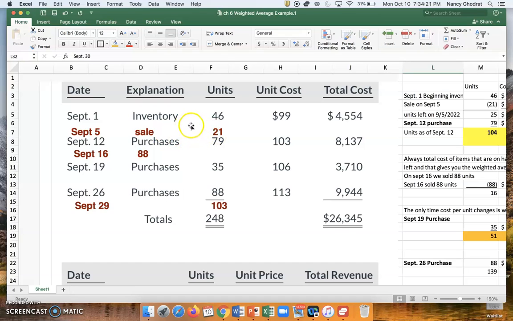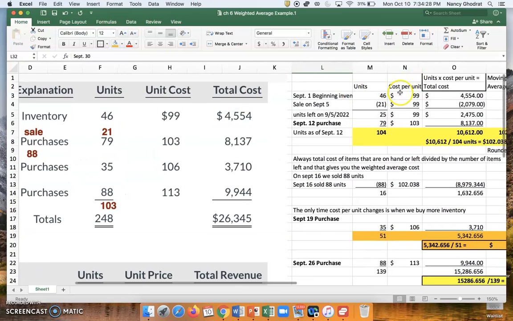So let's start. Inventory at the beginning of the month was 46 units at $99, so the total cost was $4,554. When they sold 21 units on September 5th at $99, meaning the cost of the units coming from the beginning inventory, the total cost of the units sold, the cost of goods sold, is $2,079.